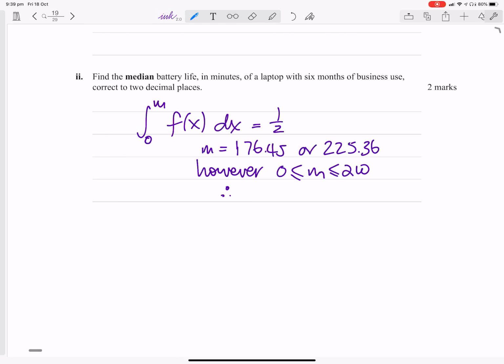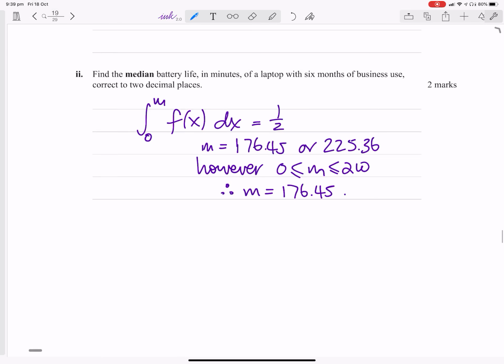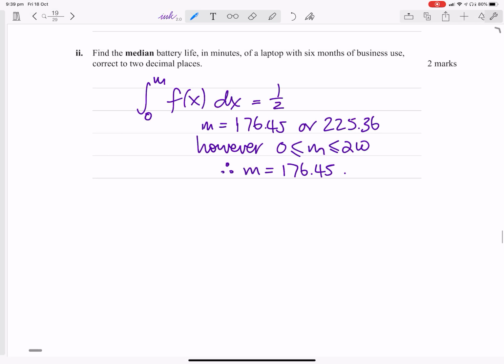So therefore, m is equal to 176.45. I think that's right.